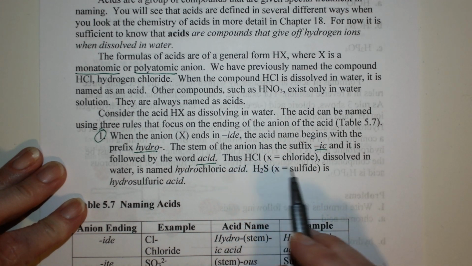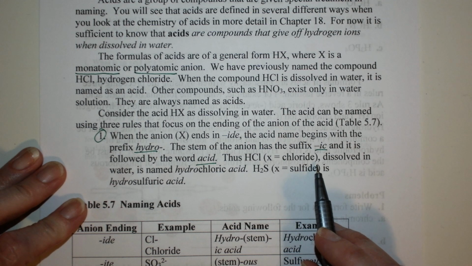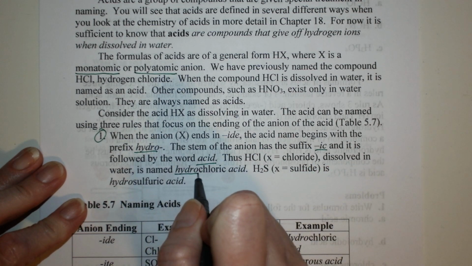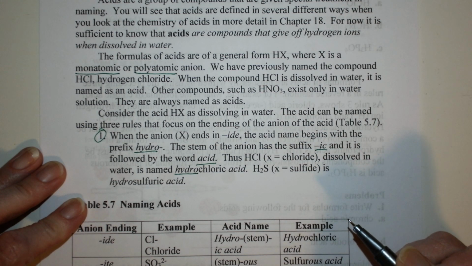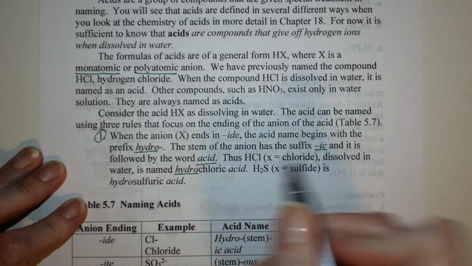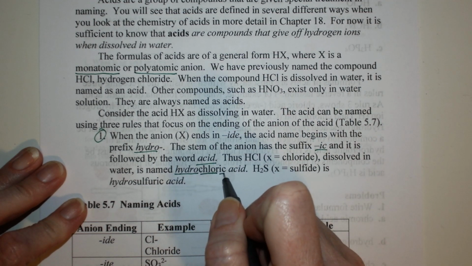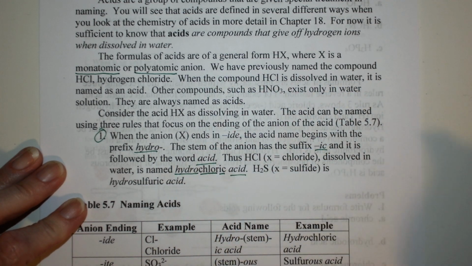Thus, HCl dissolved in water is hydro, then the stem of the anion, chlor, then the suffix "ic," and the second word is acid.